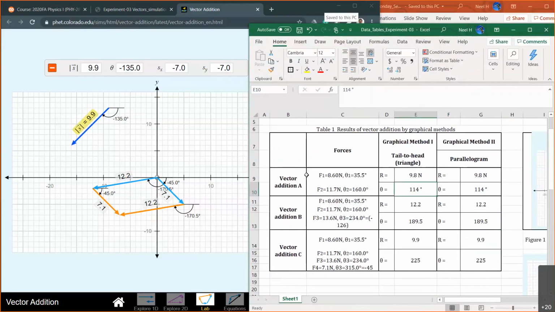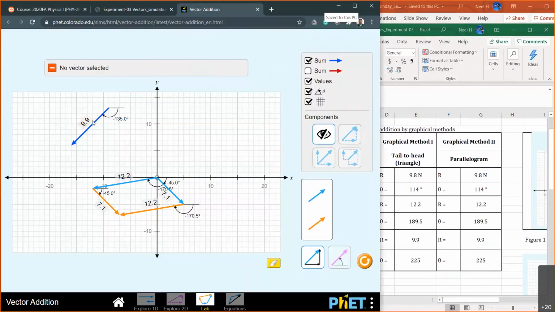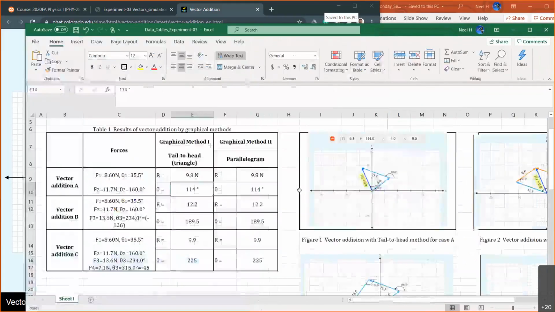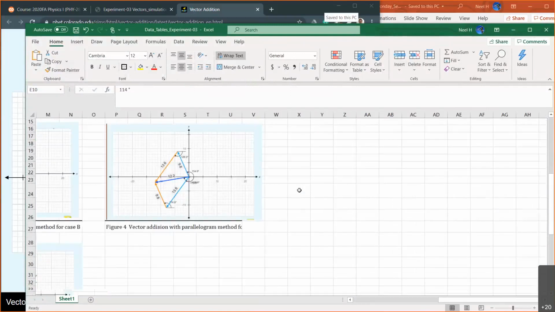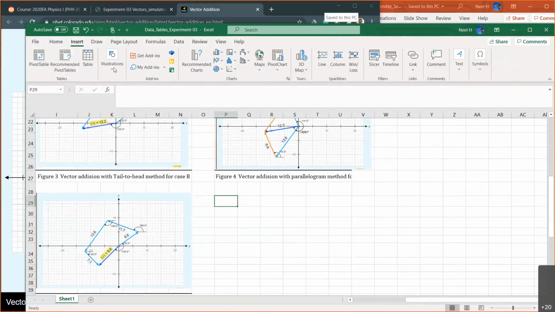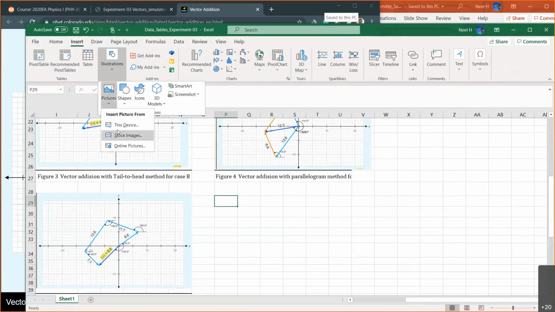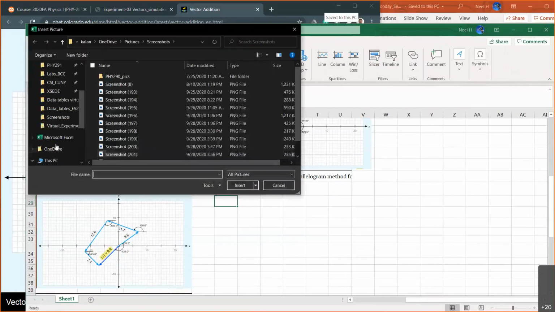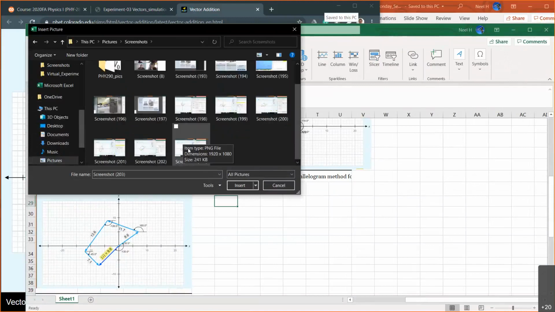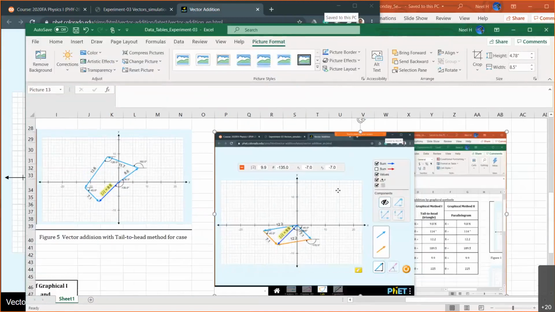Okay, that's our table number one. One last thing we need on that table is this diagram, right? This graph. Take a screenshot. That will be our sixth graph right here. Insert pictures and crop that out.